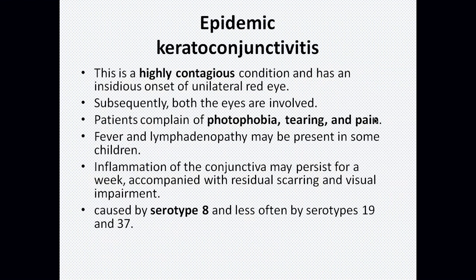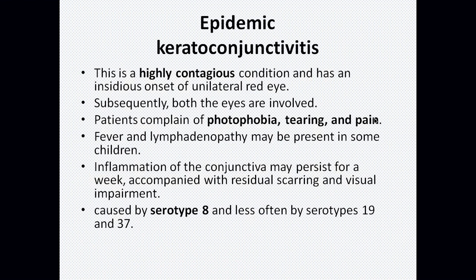Epidemic keratoconjunctivitis is a highly contagious condition and has an insidious onset of unilateral red eye. First the patient presents with a unilateral red eye, then both eyes get involved due to rubbing and itching, as the virus is transferred from one eye to the other.